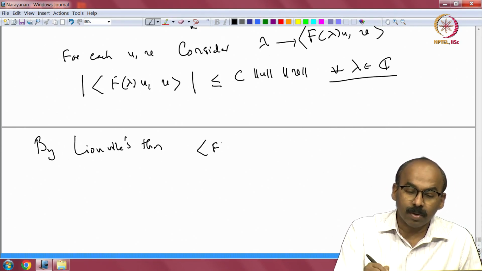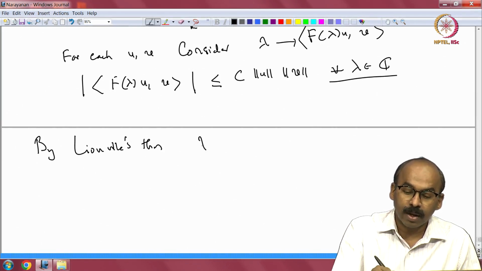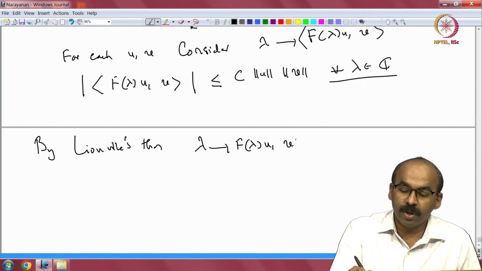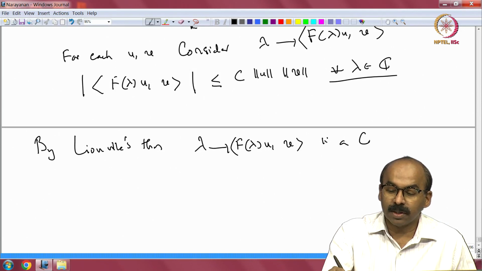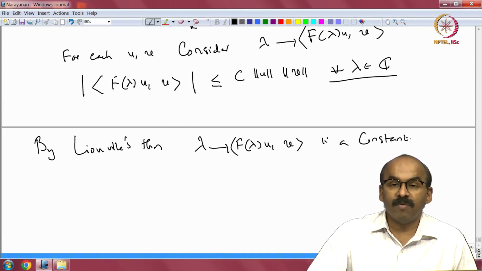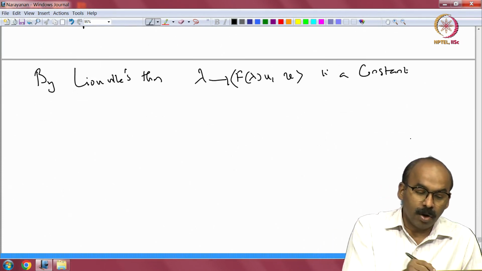So, the function lambda going to f lambda acting on the vector u, inner product with v, is a constant, but the constant depends on u and v.